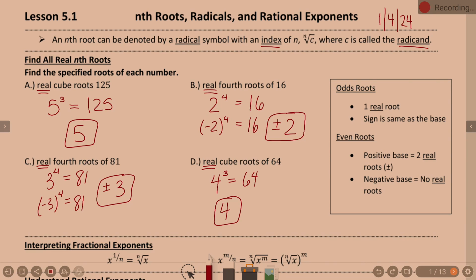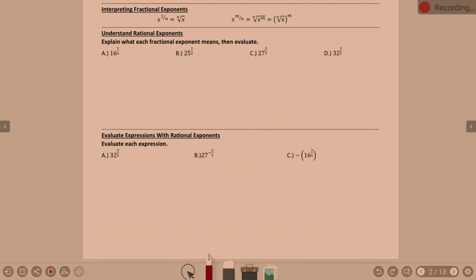Okay, let's look at the bottom part of this. A big part of what we're doing is looking at the connection between exponents and radicals. So, interpreting fractional exponents. When we're talking about radicals, so square roots, cube roots, fourth roots, whatever, those can be related to exponents that are fractions. When you hear rational exponents, remember rational is anything that can be expressed as a fraction. We're talking fractional exponents.